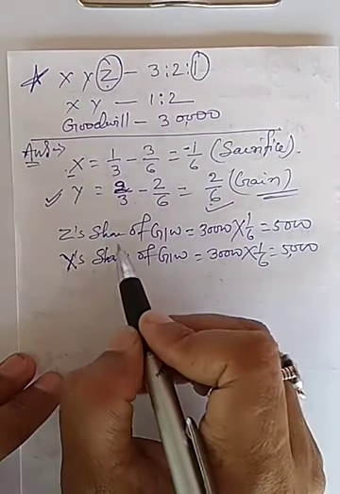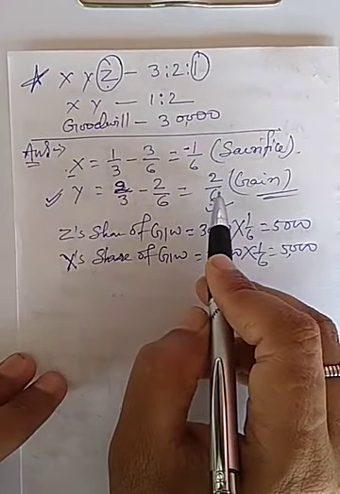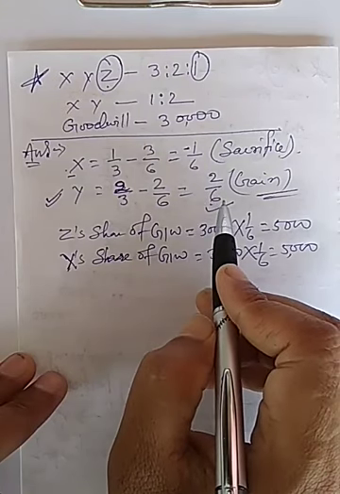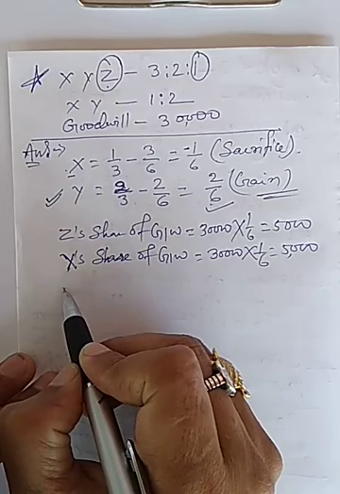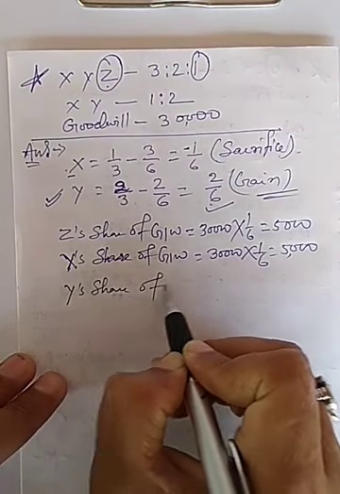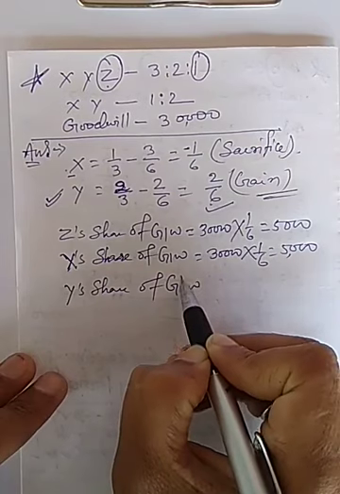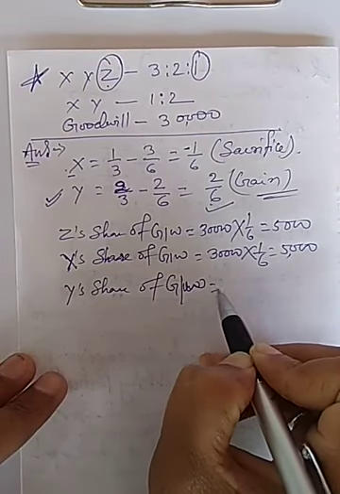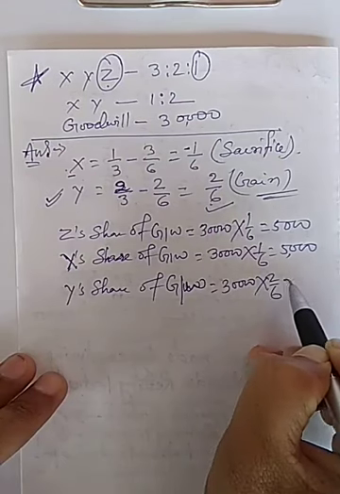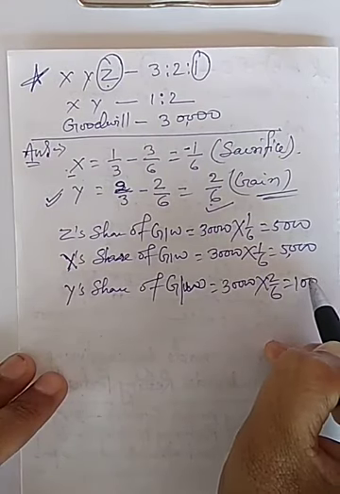Y must compensate X and Z, so Y's share of goodwill will be 30,000 into 2 by 6, it will be 10,000.